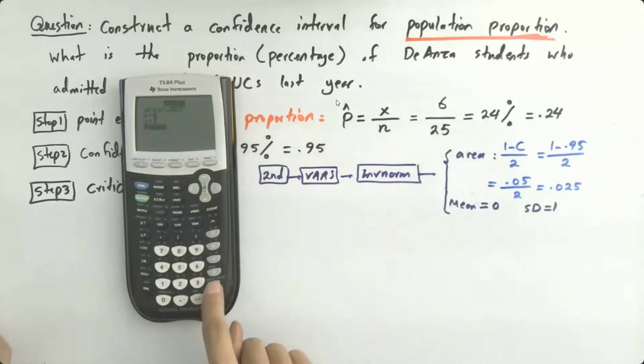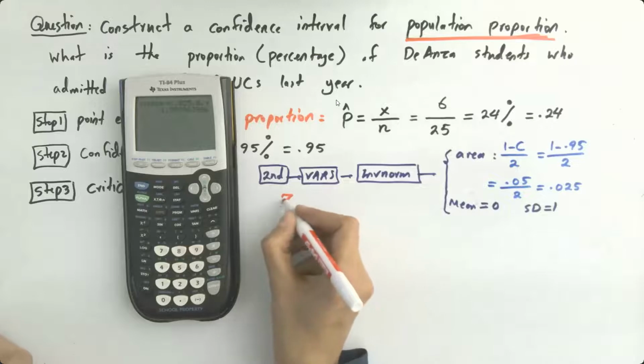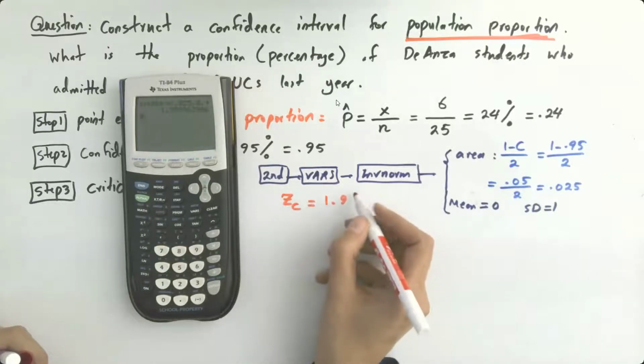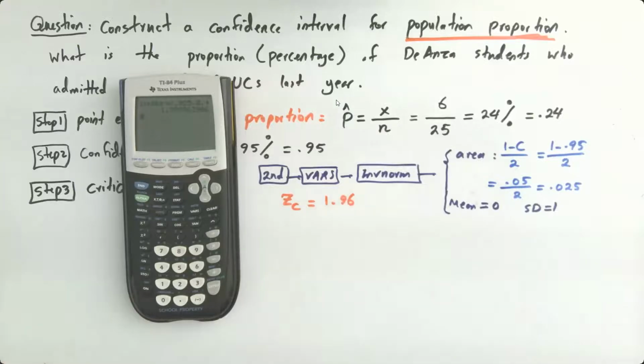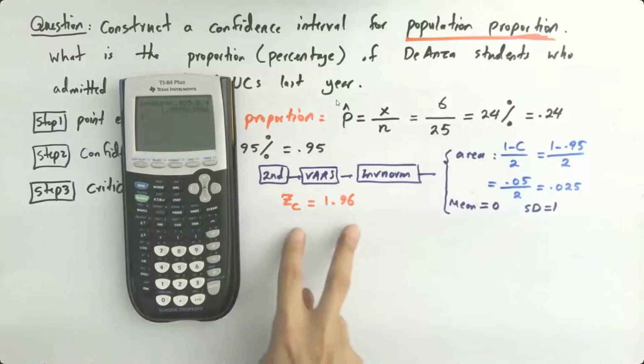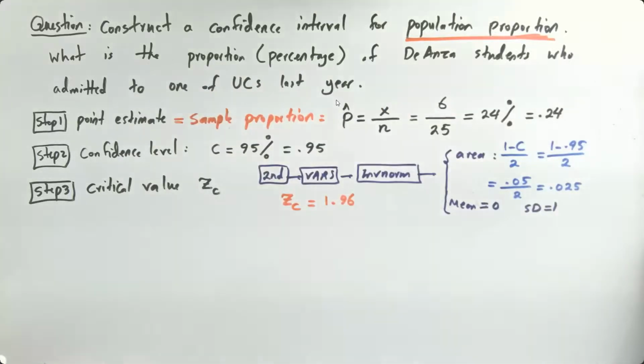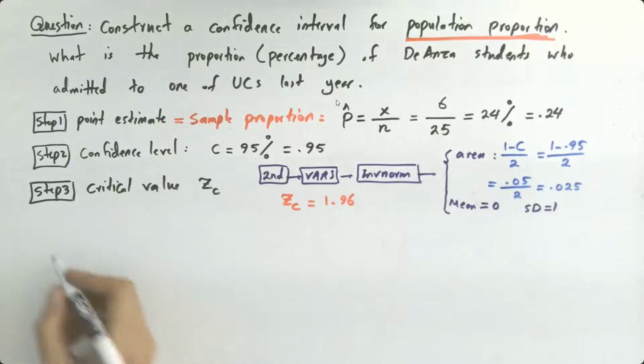Here we go. Let's paste it and find Z. Remember that the critical value must be positive. So Z sub C is positive 1.96. I found my critical value, 1.96. Okay, let us put this away and move on to step 4.